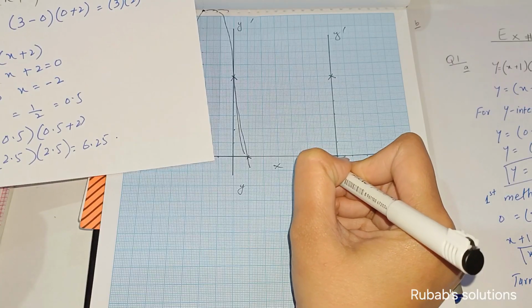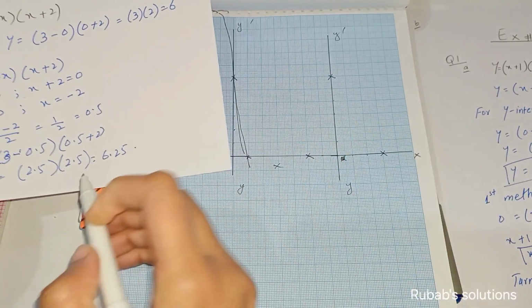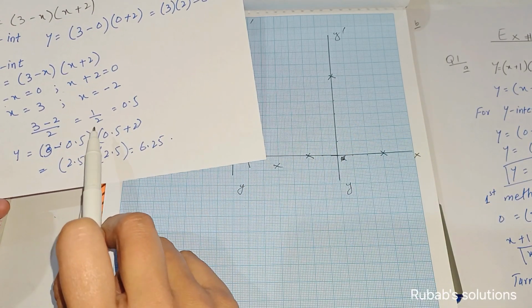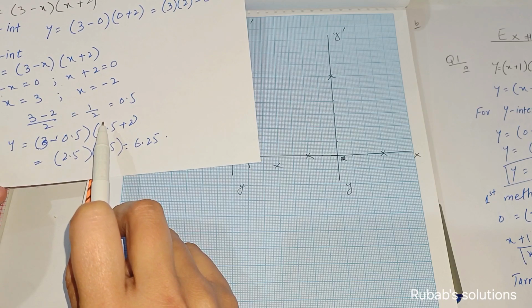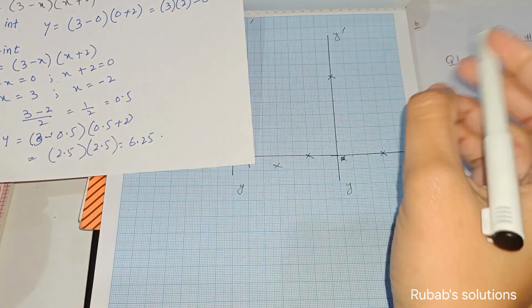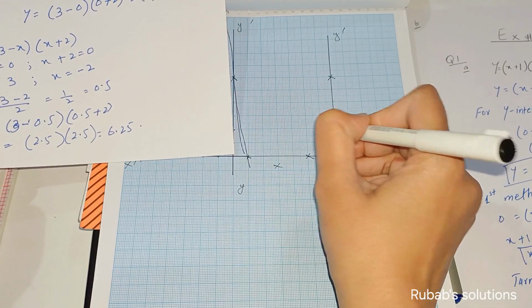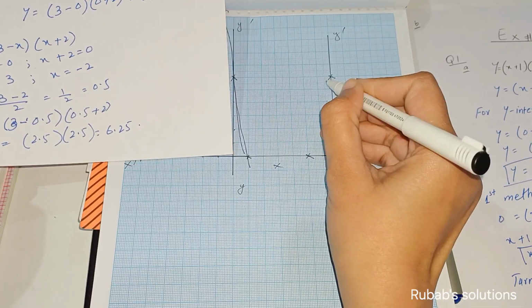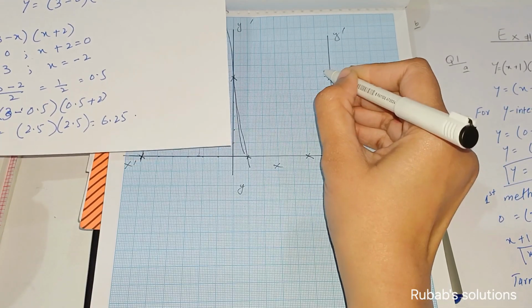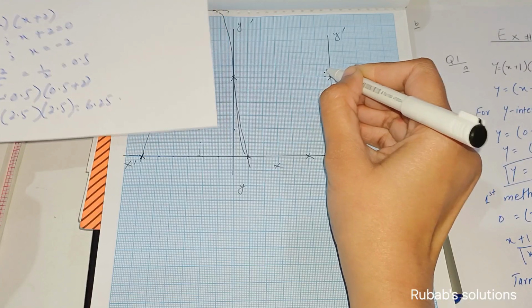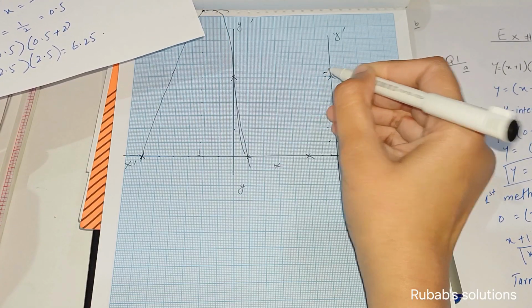Minus 2, 1 and 2, this is the second point. Okay, this one is the turning point, 0.5 and 6.25. 0.5, this is the value, so 1 2 3 4 5 6 and 0.25 will be over here. So this is the turning point.